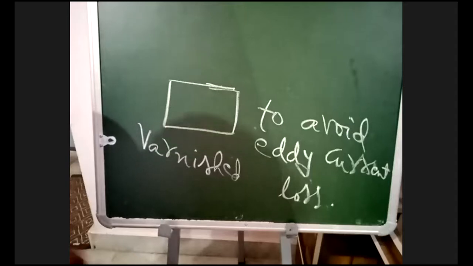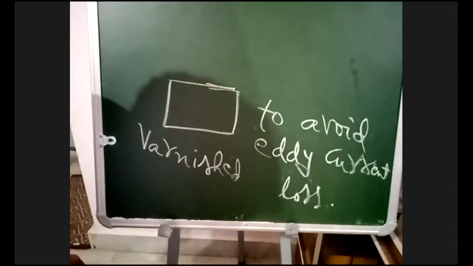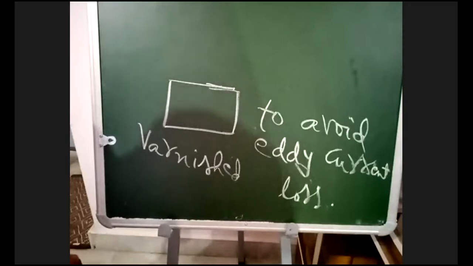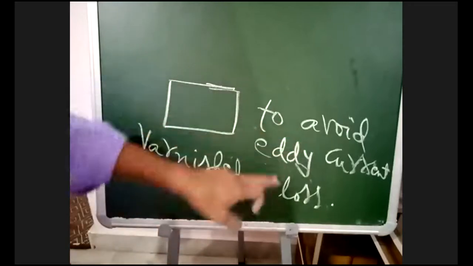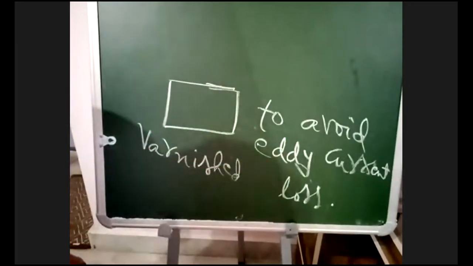Write down the question: why is the iron piece or core laminated? The answer is: to avoid eddy current loss.